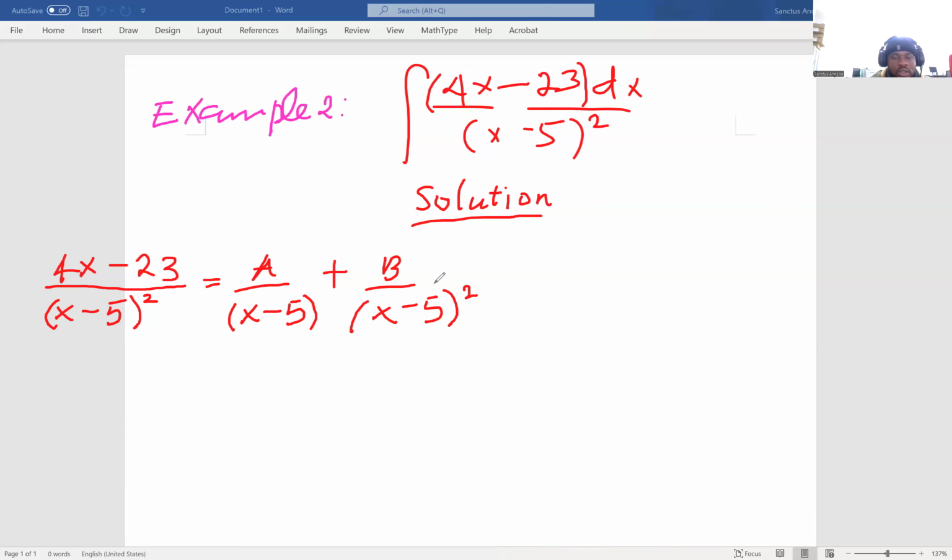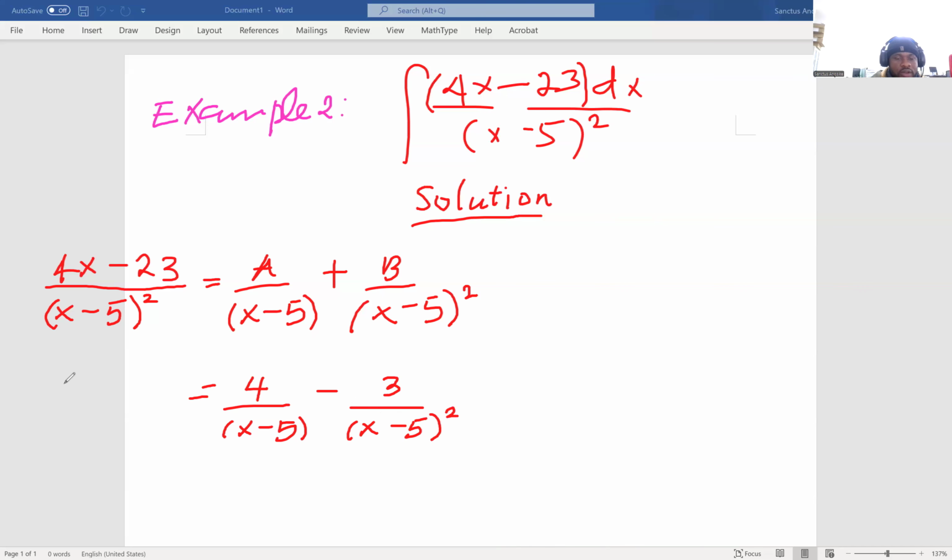So I'll plug it in here. What's our A again? Our A is 4 over x minus 5. And our B is minus 3. So minus 3 over x minus 5 to the power 2.